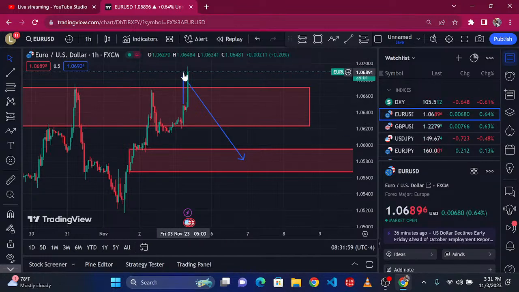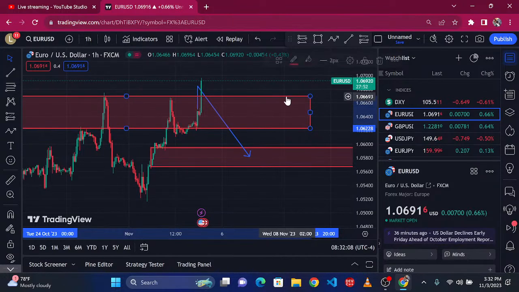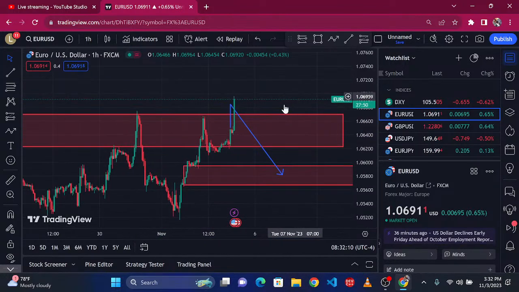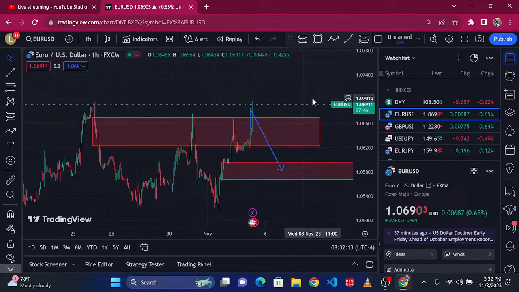First take out the highs, then start selling. That was my take. You can start selling it right now, but remember, scalping is the best thing to do.